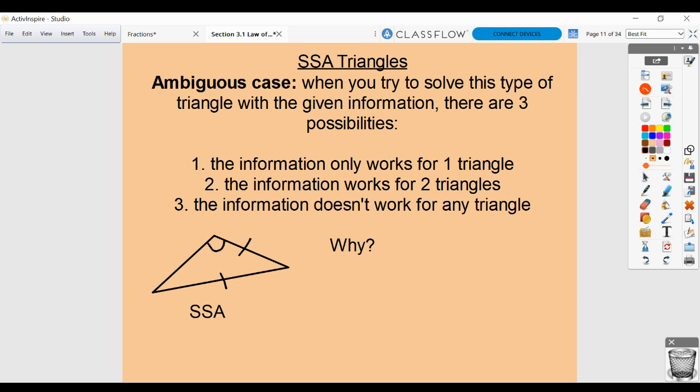So when we're talking about a side-side-angle triangle, you have to do a little bit of extra work. Now, I did make a video in my graduate class that explains the reasoning behind it, but I will post that in a separate video because it doesn't work in this particular program.